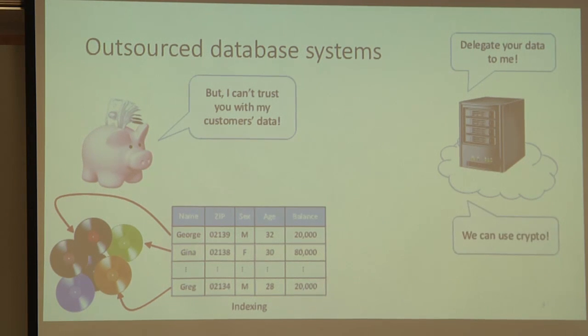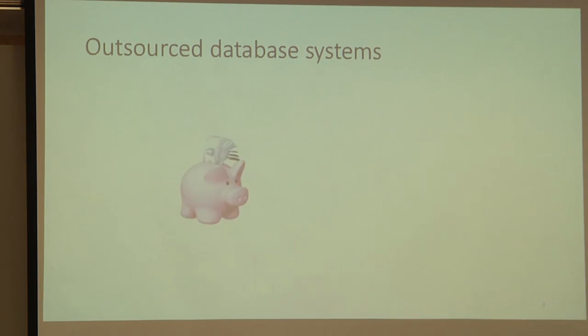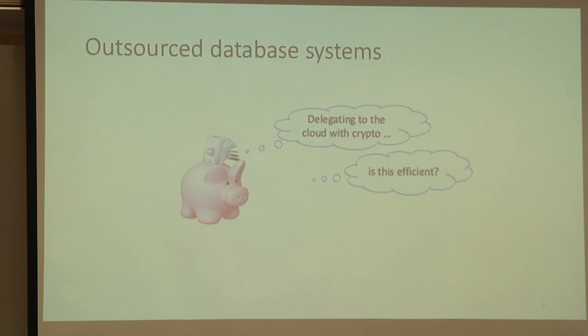So how can we do that? We can use cryptography, of course. So the questions are: if we want to outsource our data to a third party, is this efficient? Can we retrieve the records efficiently as they are on our side? And is this secure, most importantly?